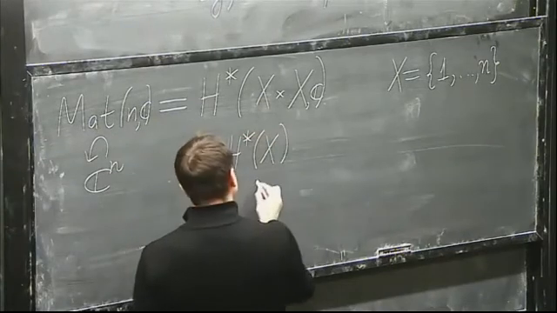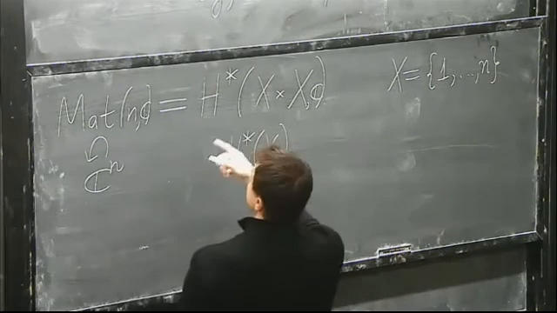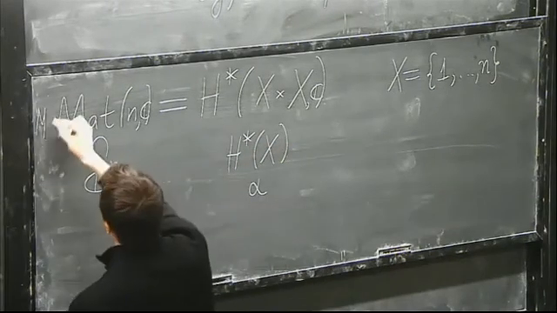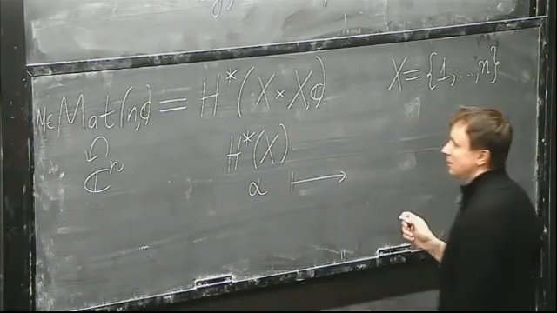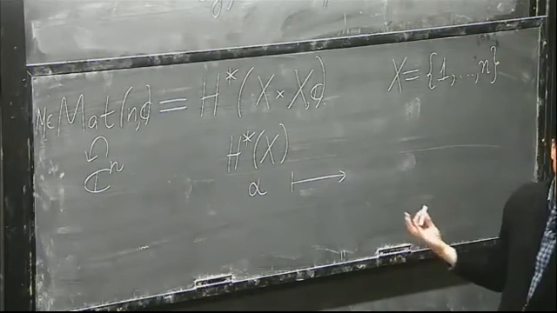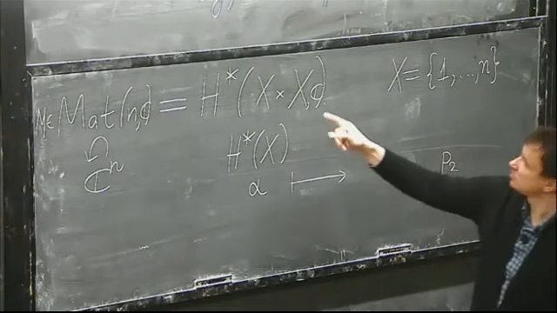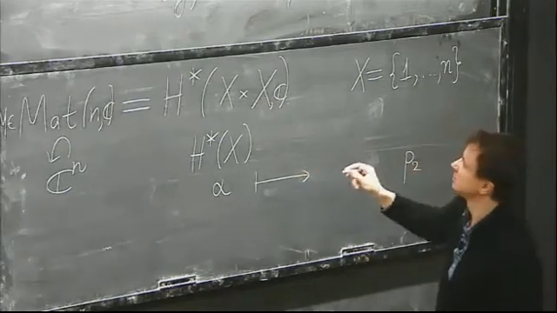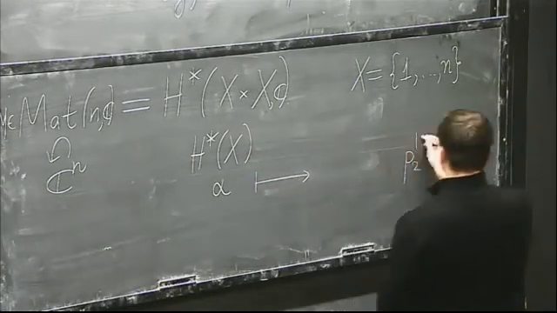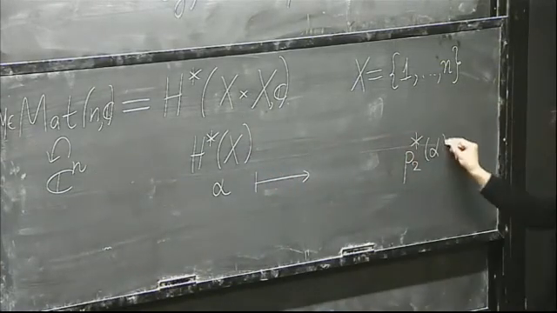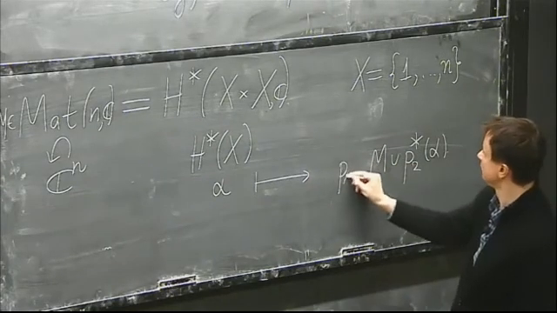The action is by the following rule: if I have an element alpha and an operator M, an actual matrix, where does it go? The way you write matrix multiplication is like this. This has two projections to X, P1 and P2. You pull back with the second projection the class alpha, you cup it with M, and you push it forward along the first projection.